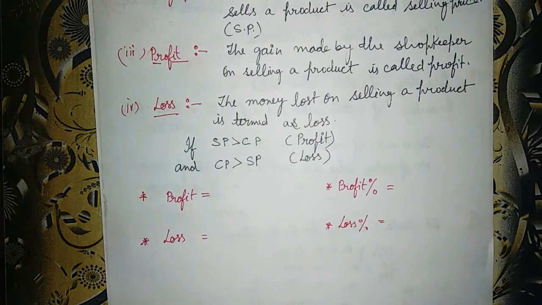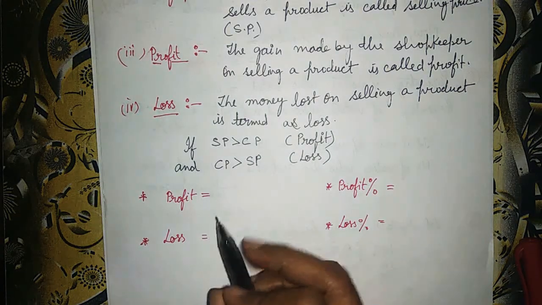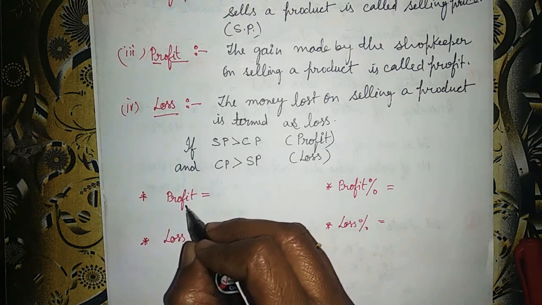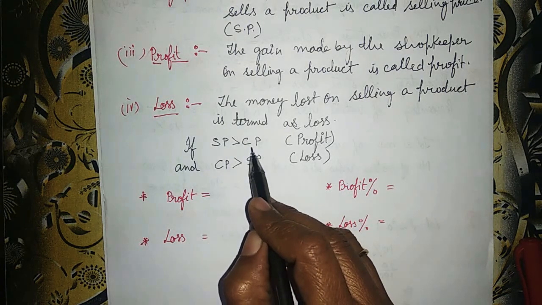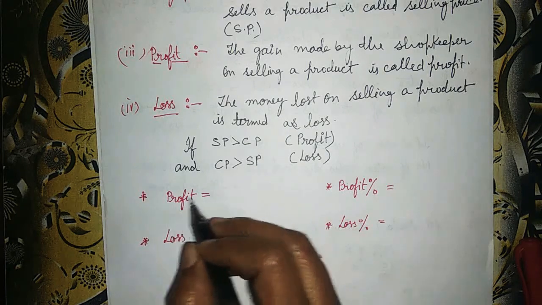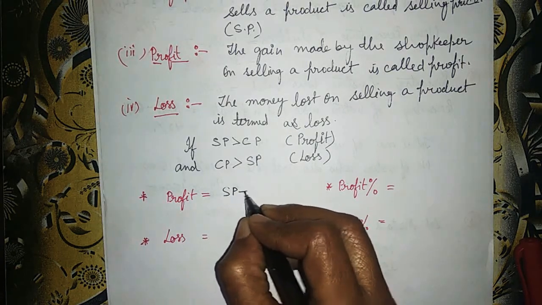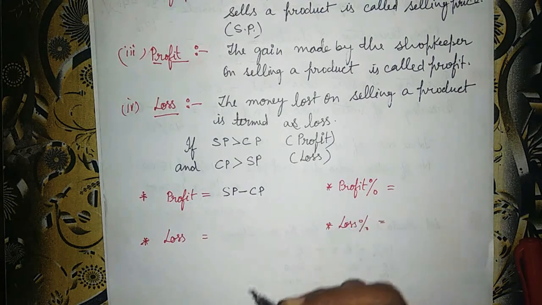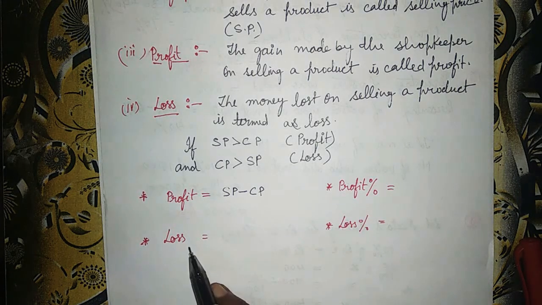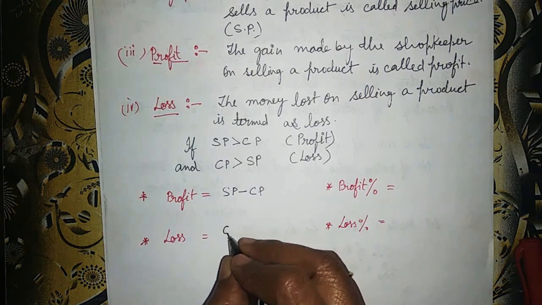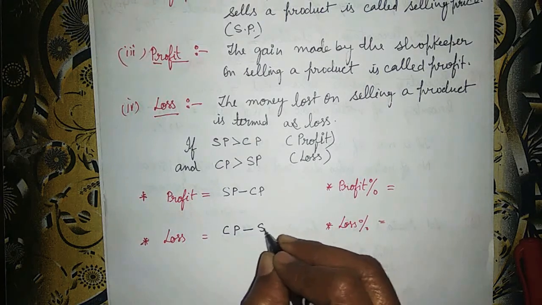Now see the formula for all this. In case of profit, SP is more than CP. So the formula will be profit equals SP minus CP. And in case of loss, CP is more than SP. So here, loss equals CP minus SP.